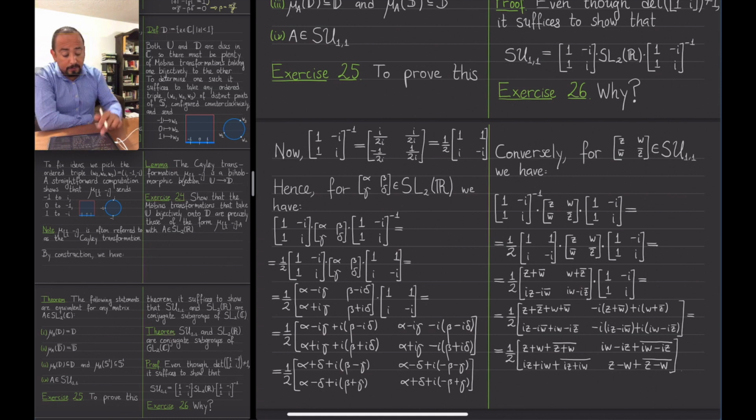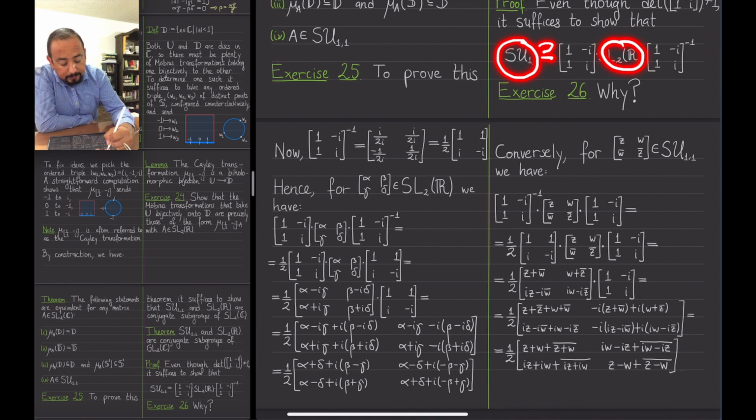So this means that we have shown this containment, this inclusion. Now for the other inclusion, it suffices to show that every matrix here is conjugate to someone here, which is the same as saying that when you conjugate this guy, now passing this to the left and this to the right with the inverses, you obtain someone in SL2R. Okay, let's do that.